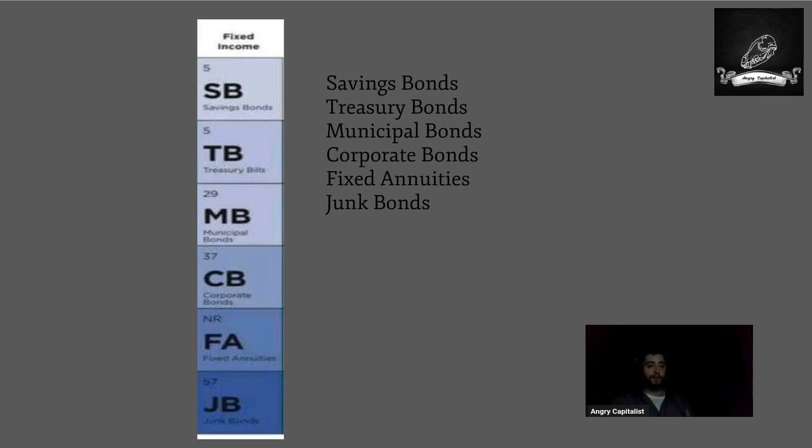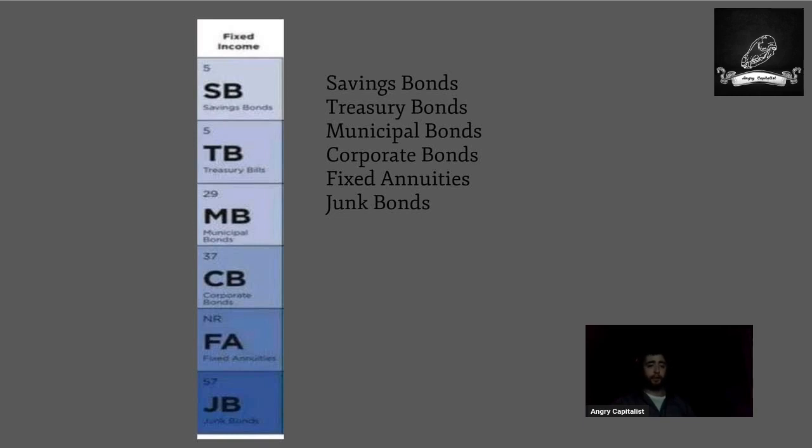Risk level's 57. Right off the bat, we have a much higher risk of default. There is also a much higher risk that the trade value of these bonds may in fact collapse, and they also can be difficult to trade or liquidate if need be.